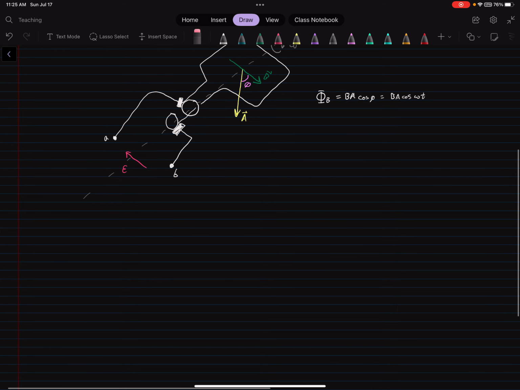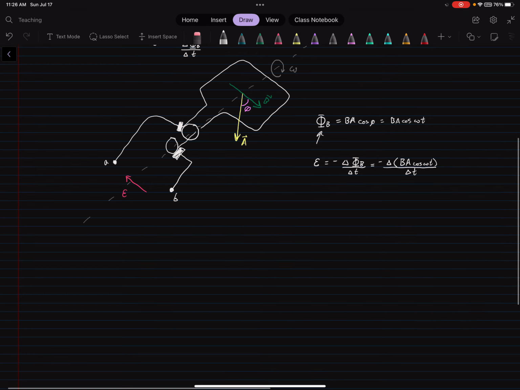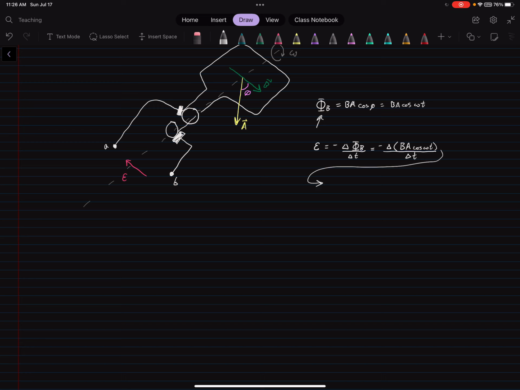And so Faraday's law takes this quantity and a delta t and tells us that the induced EMF in this circuit, which is this guy that I wrote down there, is equal to the negative of delta magnetic flux, capital phi sub B, over delta t, which, you just plug the thing in, is delta of BA cosine omega t divided by delta t. And I'm going to take it one step further with calculus and just tell you what this becomes: omega BA sine omega t. So that is the induced EMF as a function of time.